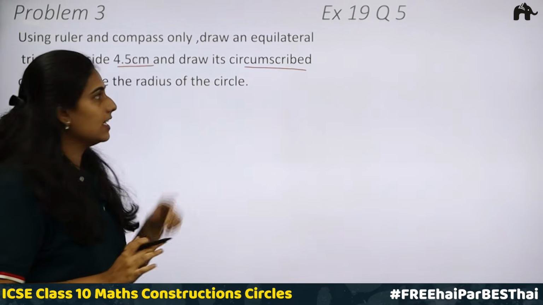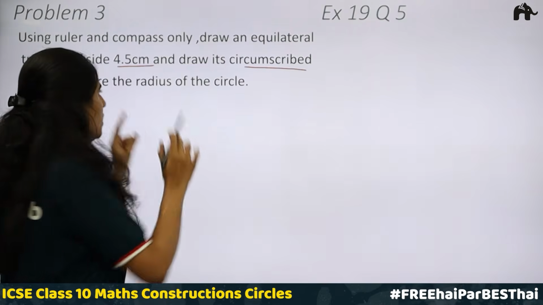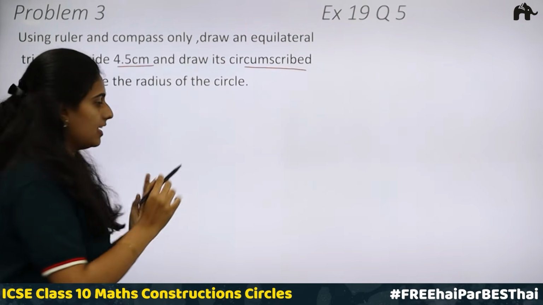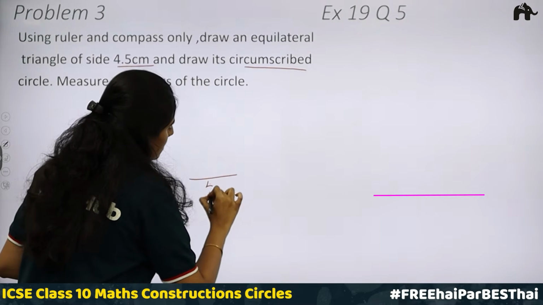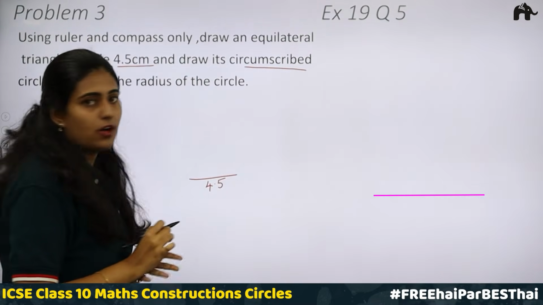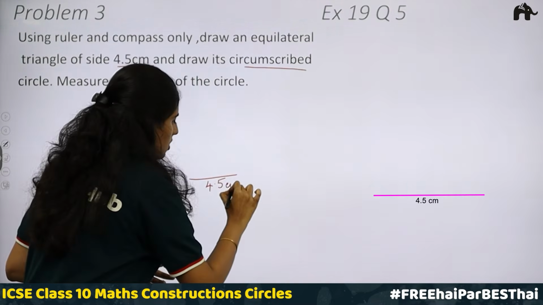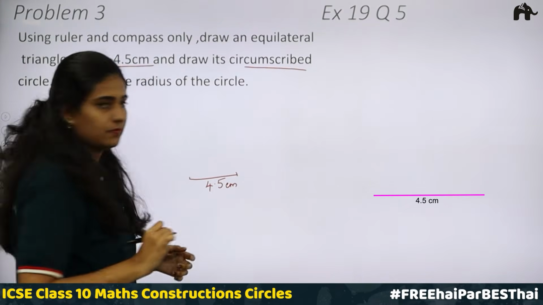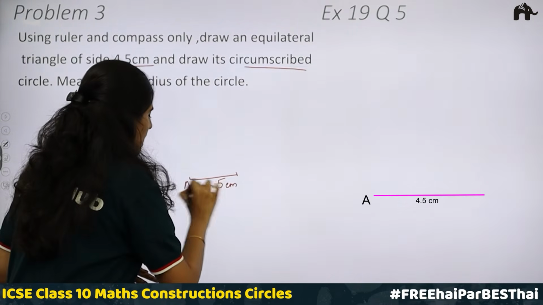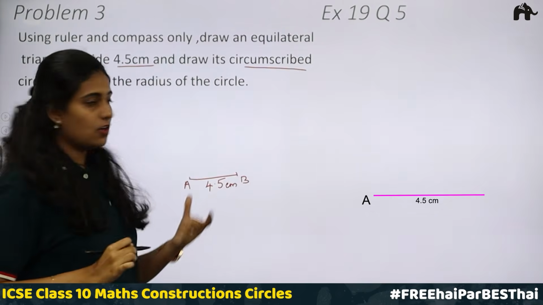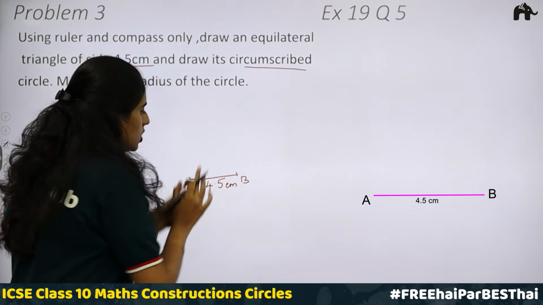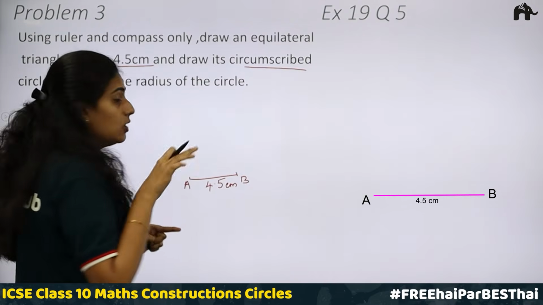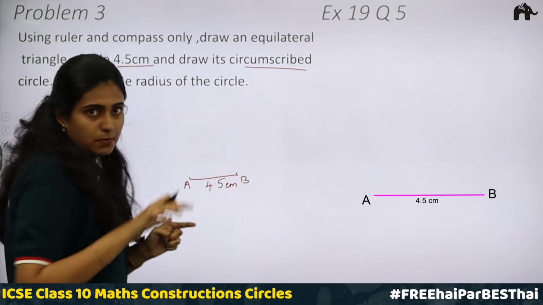Okay, let's construct the equilateral triangle first. To construct the equilateral triangle, we first measure 4.5 centimeters and draw a line segment. Okay. So here we have line segment AB of length 4.5 centimeters. Now measure 4.5 centimeters using ruler and compass.